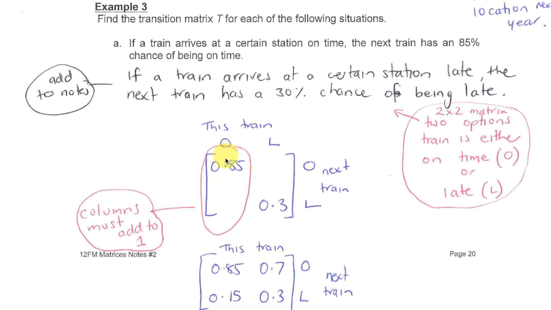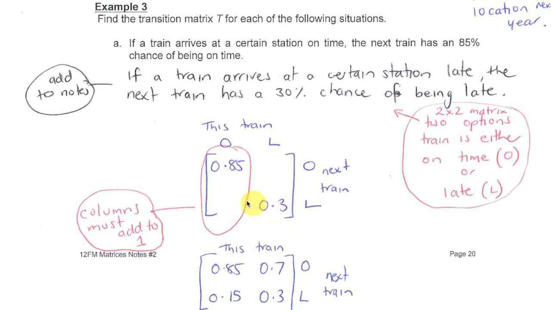So with the O to O, on time, we put in 0.85. From this little paragraph, if a train is late, then there's a 30% chance the next train will be late also. So going from late to late is 0.3. So we put those two in.